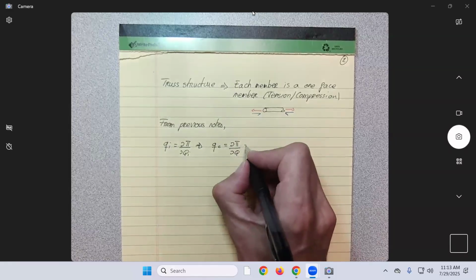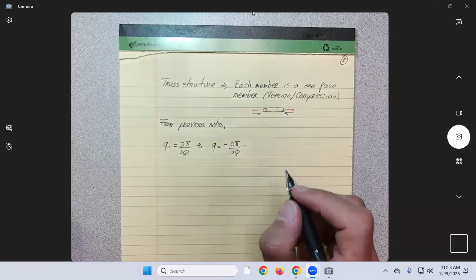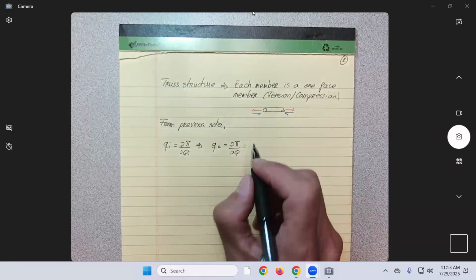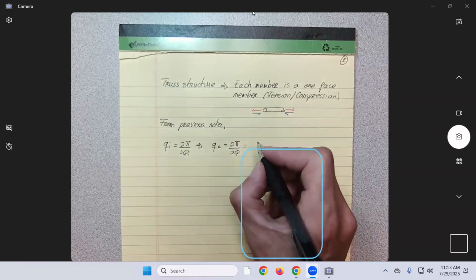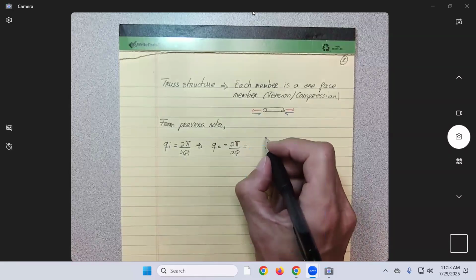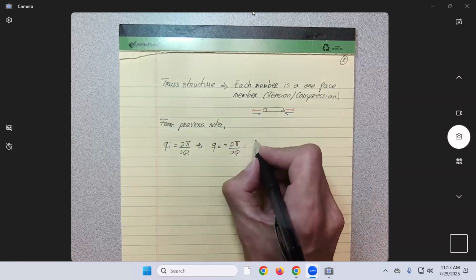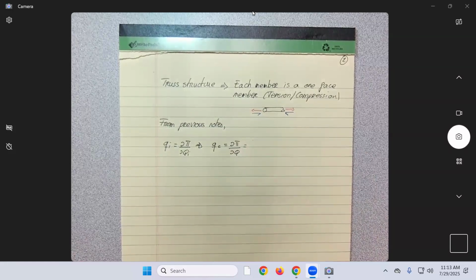And now, what is the strain energy? I don't remember what we derived, but this will give you M squared over EI for the integral.